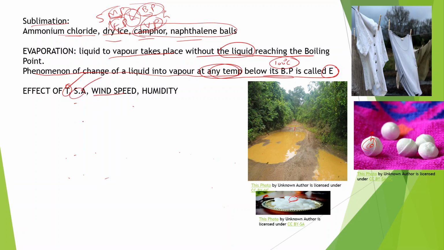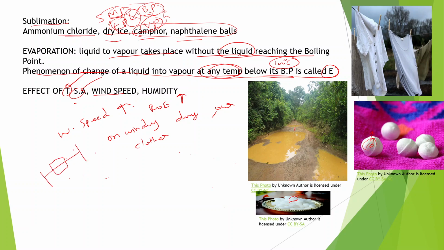When wind speed increases, the rate of evaporation will also increase, because on a windy day, the clothes in our houses, the wet clothes we hang to dry, if the day is windy, the clothes will become dry very soon. So this is our observation, right? On a windy day, when wind speed increases, the rate of evaporation increases.